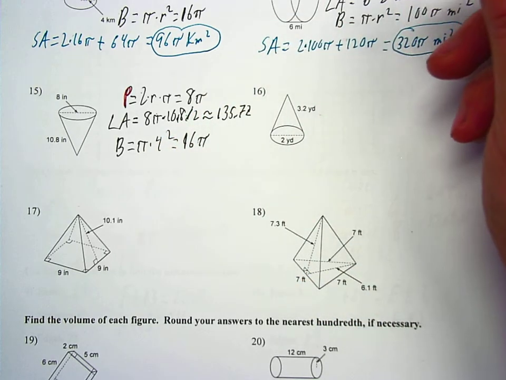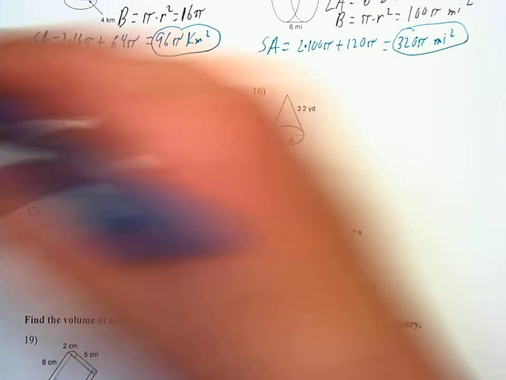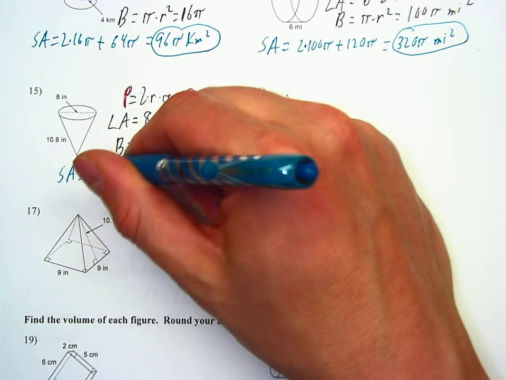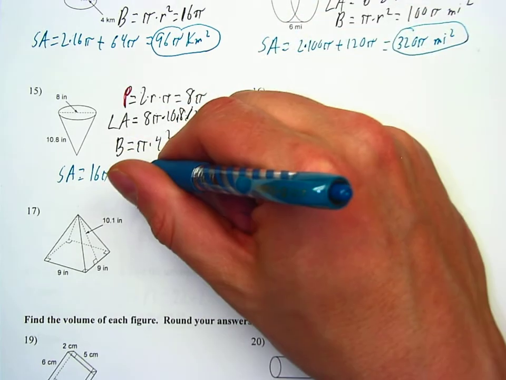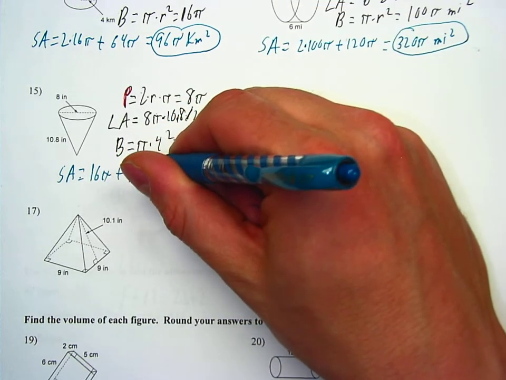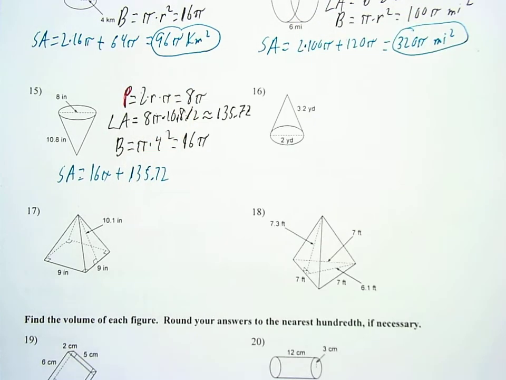And then once again, to get the surface area of the cone, I can take the area of the base plus the lateral area. I'll take 16 pi, and I'll add in the 135 and 72 hundredths. Because I used decimals on the lateral area, I'm going to finish my answer here as a decimal for the surface area as well.